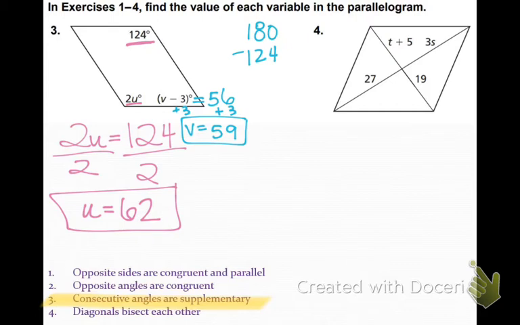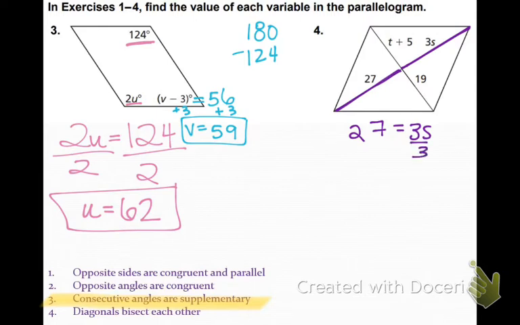All right, number 4, are these sides, angles, or diagonals? They're diagonals. So 27 and 3s are all a part of the same diagonal, and it's actually cut in half by the other diagonal. So if it's cut in half, that means 27 is equal to 3s, and 3s is equal to 27.